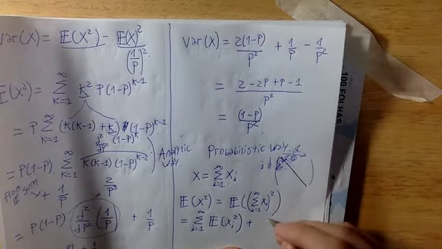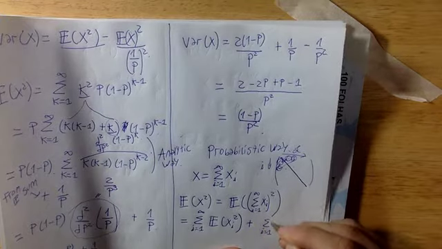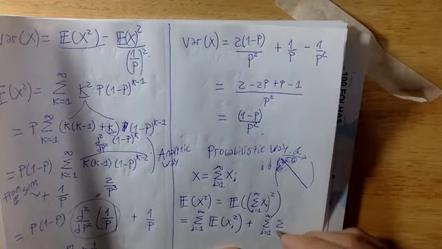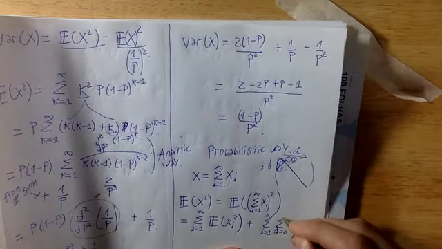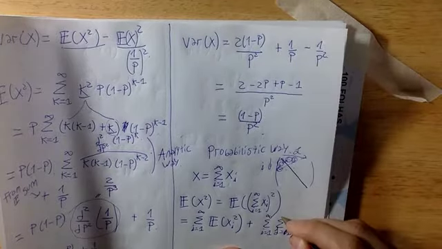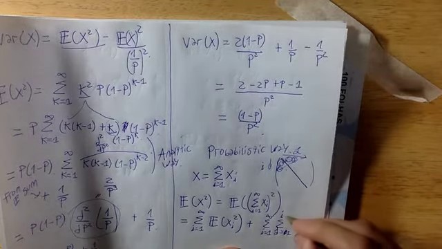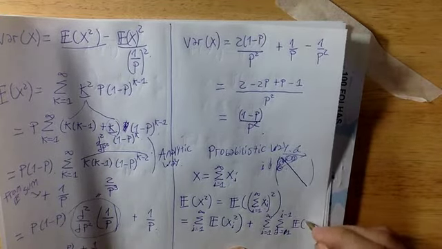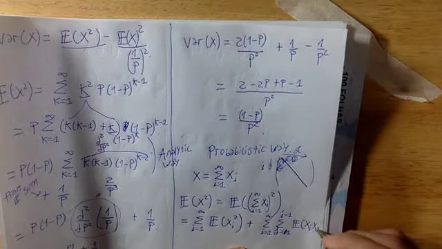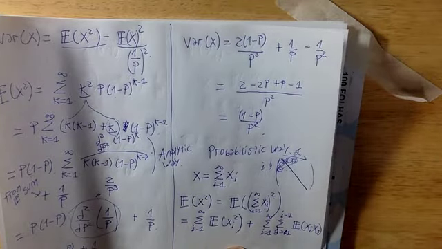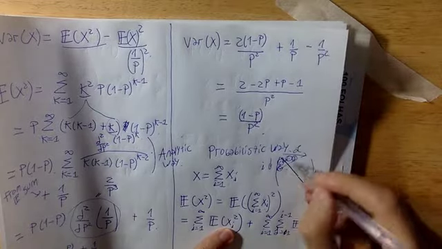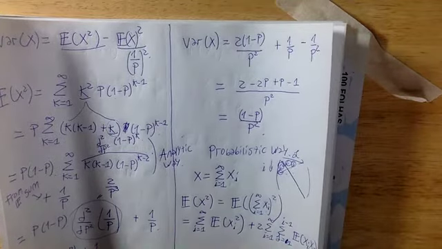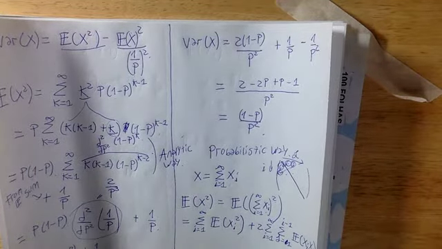So I can sum from i equals 1 up to infinity of the sum from j equals 1 up to i minus 1 of the expectation of xi times xj. And here, because I'm summing them twice, I put 2 here.